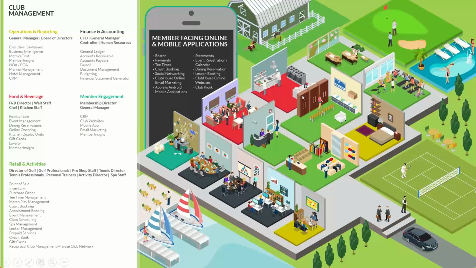The other thing is we've added ways for the members to interact with these different areas at the club through our mobile app and websites, whether that's registering for events, making a dining reservation or booking a tee time. Today specifically, we're going to talk about how members can book class scheduling opportunities at the club.